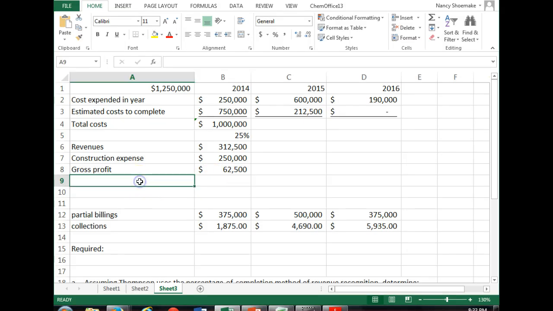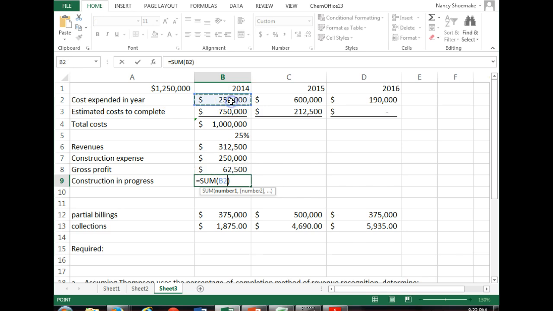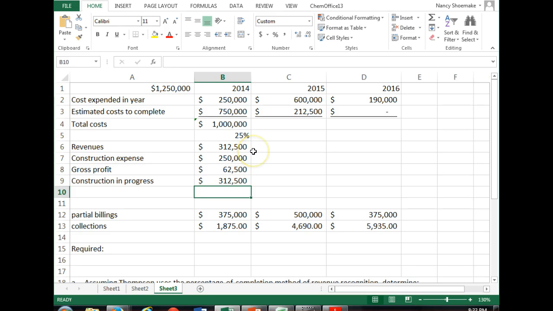What should be our construction in progress? Would it be the $250 we've expended in costs plus our $62.5, or $312,500? Okay?